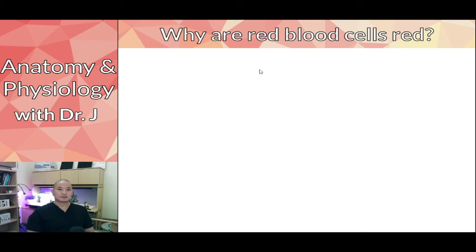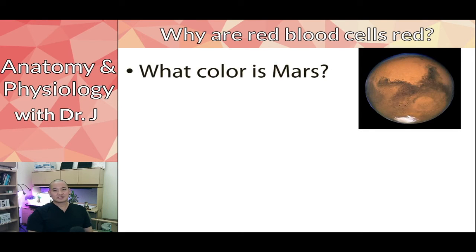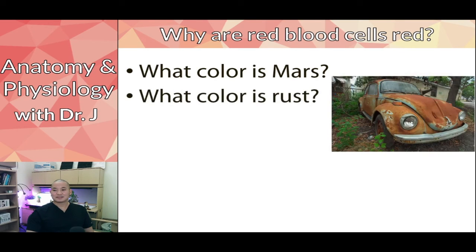Now, why are red blood cells red? Well, it has to do with their contents, like something inside of them is pigmenting them red. Well, what is our nickname for Mars? What color planet do we call it? Or how about, what color is rust? It's an orangish sort of, or what other color do we describe rust as?